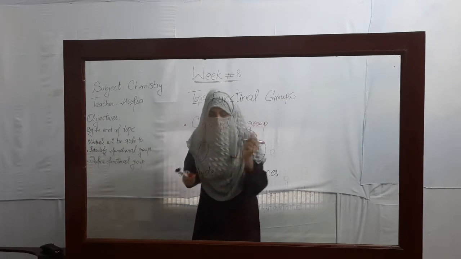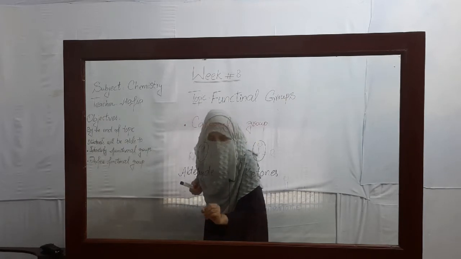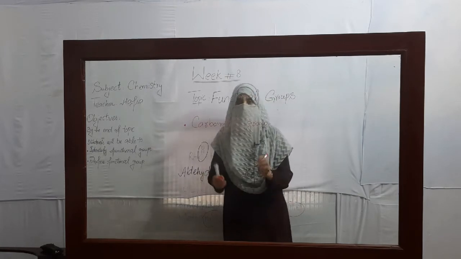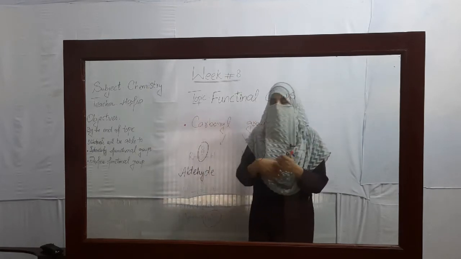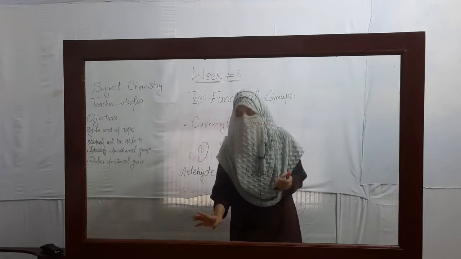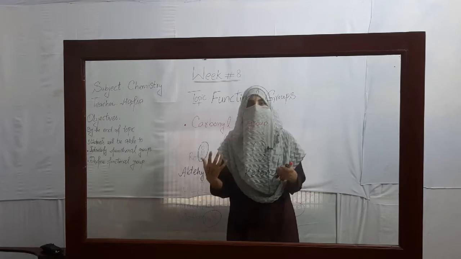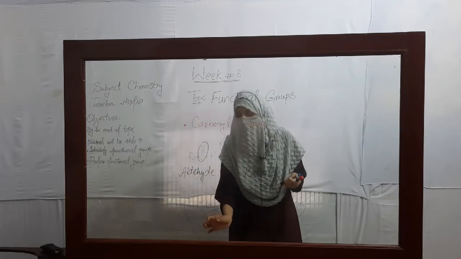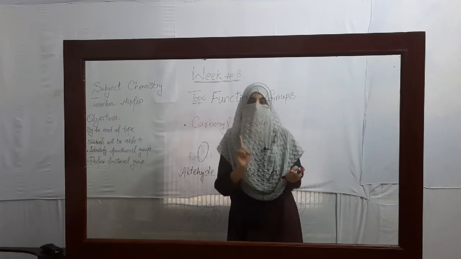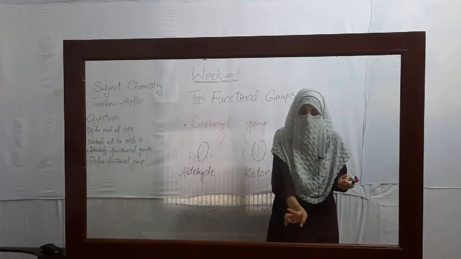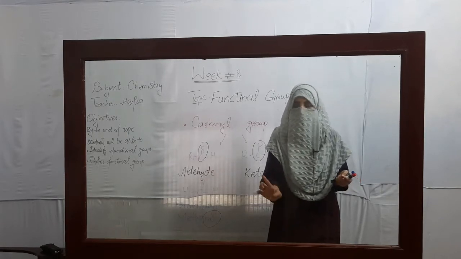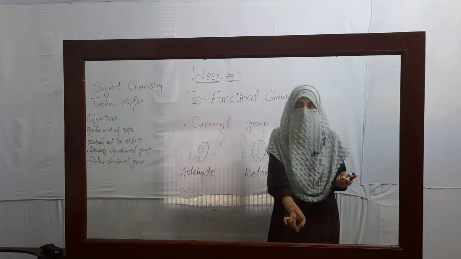Okay students, by the ending of a name you can easily differentiate between these two groups. If the ending of a name is -al, like methanal or propanal and similarly butanal, it belongs to the aldehyde group, and if the ending is -one, then it is a ketone, like propanone.